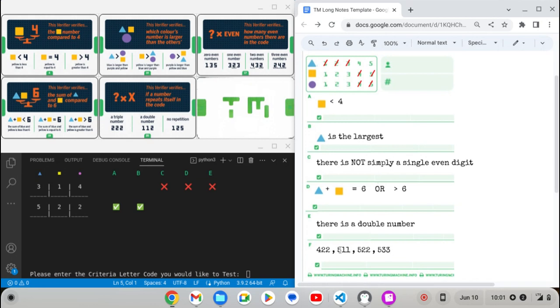So the only thing I see in common is that 511 and 533 have no evens, but they are different in that this sum is 6 and this sum is greater than 6. Okay, and we do have half that have a double even. Well, actually, no, I take that back. There's a double even here, or 2 evens, and there's 3 evens.